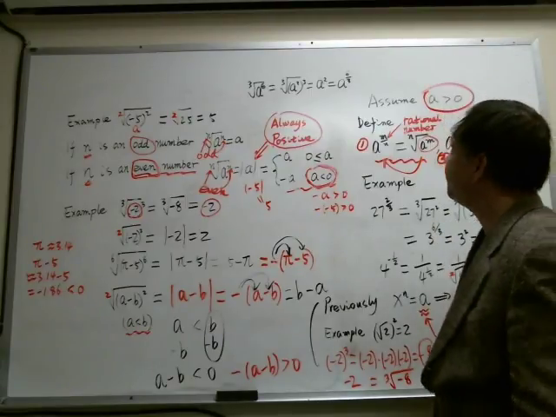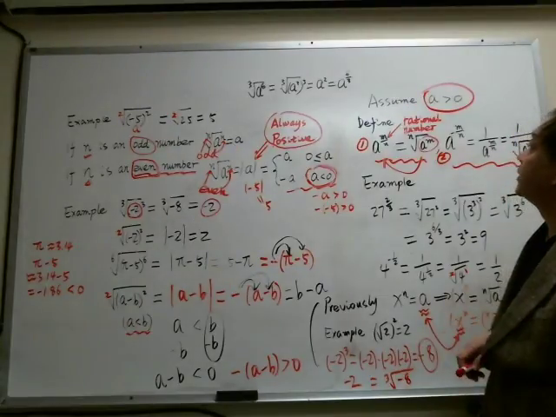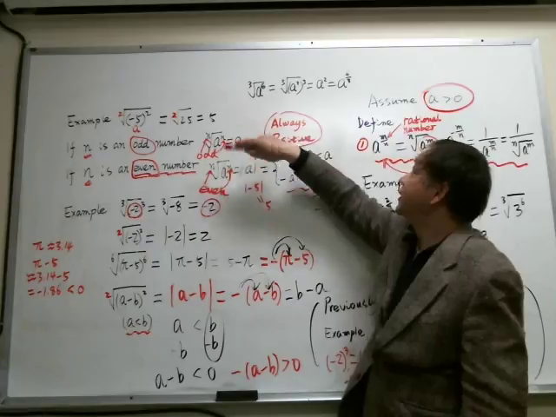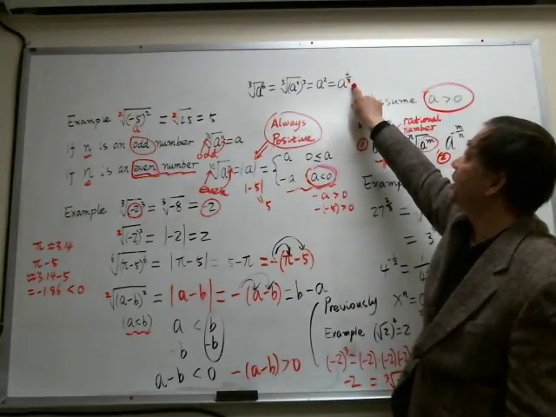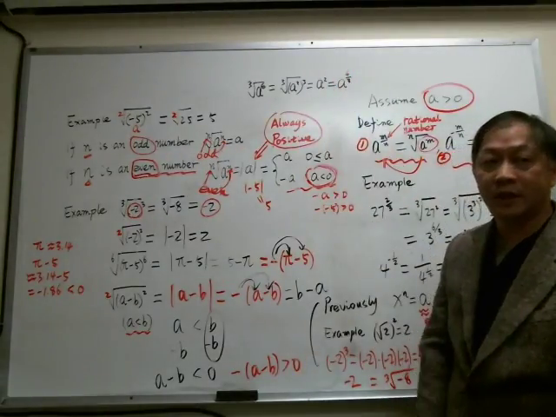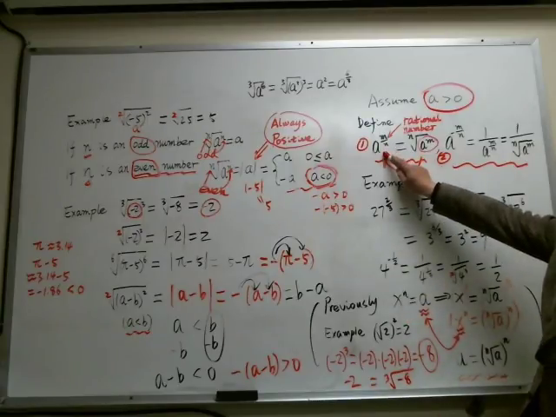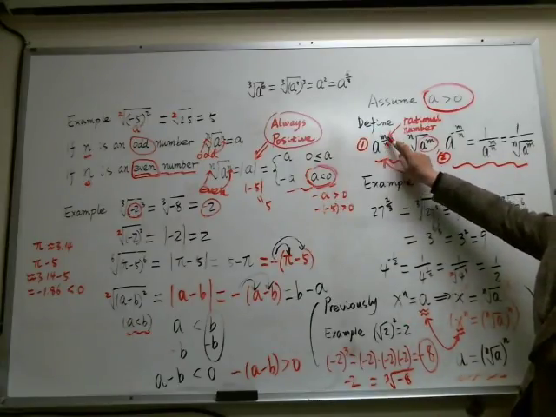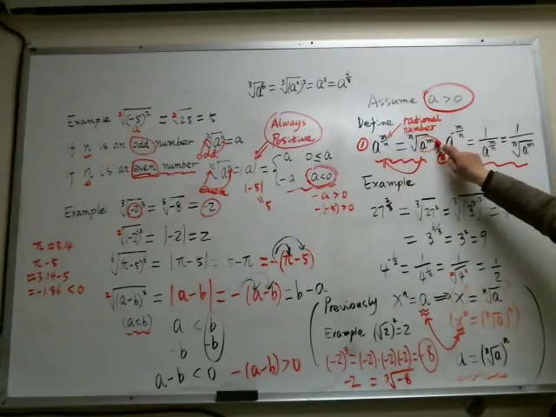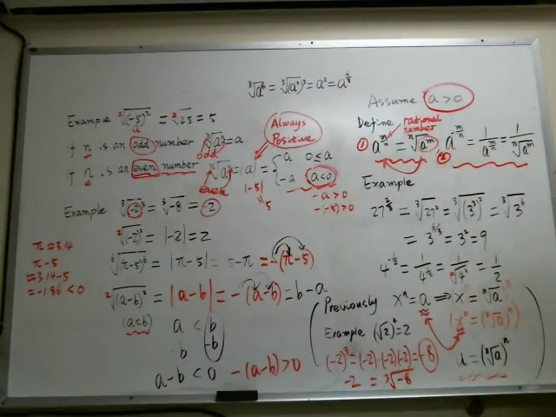This gives us a hint: when the radical exponent is 3, you put it down on the denominator, and the exponent will be the numerator. So you see a to the m over n: the numerator is the exponent, and the denominator is the radical exponent.